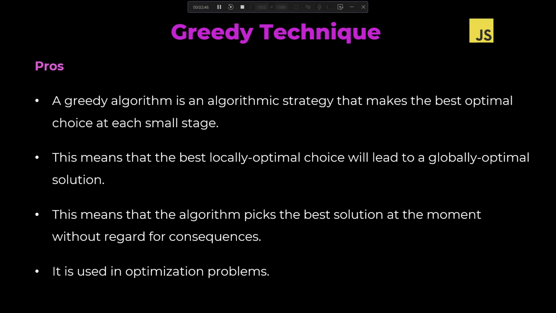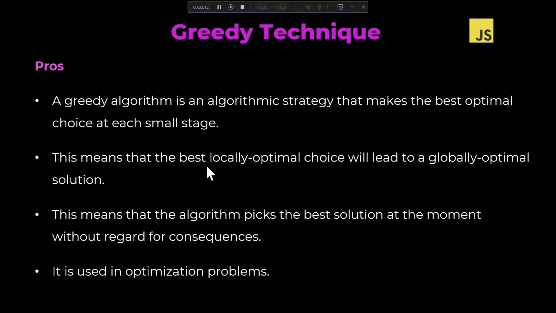So in this video, I want to solve this problem using the greedy technique. Before I go into the thought process behind the greedy technique, I first want to go through what the greedy algorithm technique is and what limitations it has. A greedy algorithm is an algorithmic strategy that makes the best possible, optimal choice at each small stage.